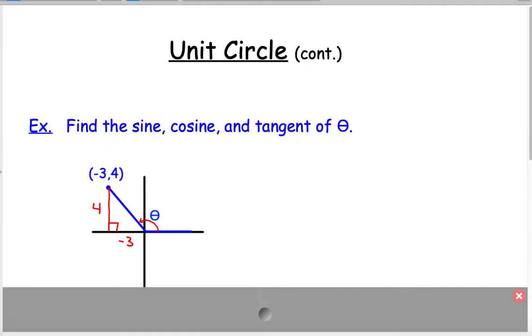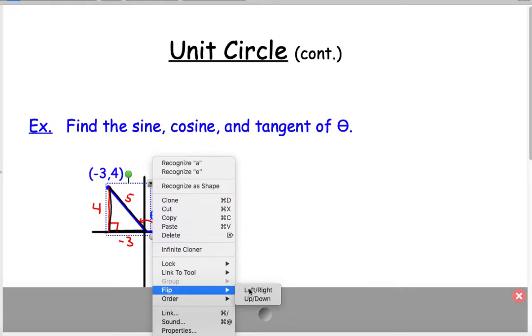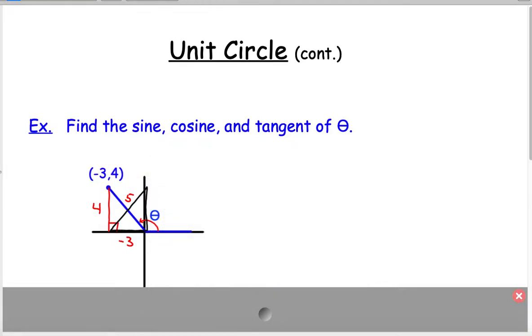And then we'll use the Pythagorean Theorem to find the hypotenuse. 3 squared plus 4 squared, and this winds up equaling 5. What's important to understand is if I took this triangle and I flipped it over the y-axis, finding the sine, cosine, and tangent, let me draw an arrow here.